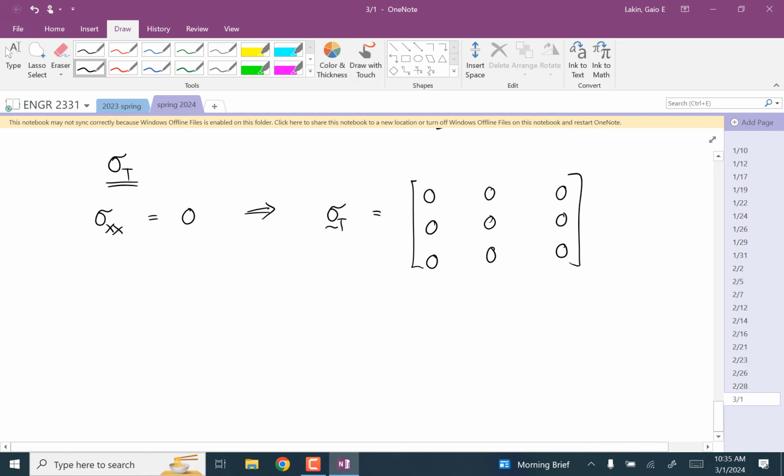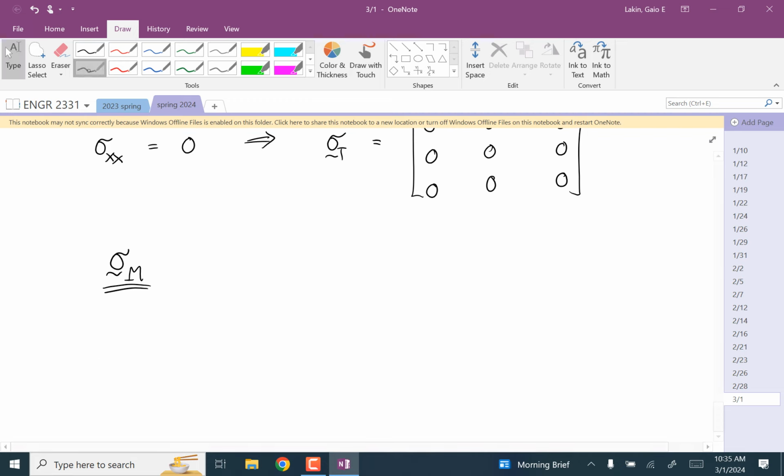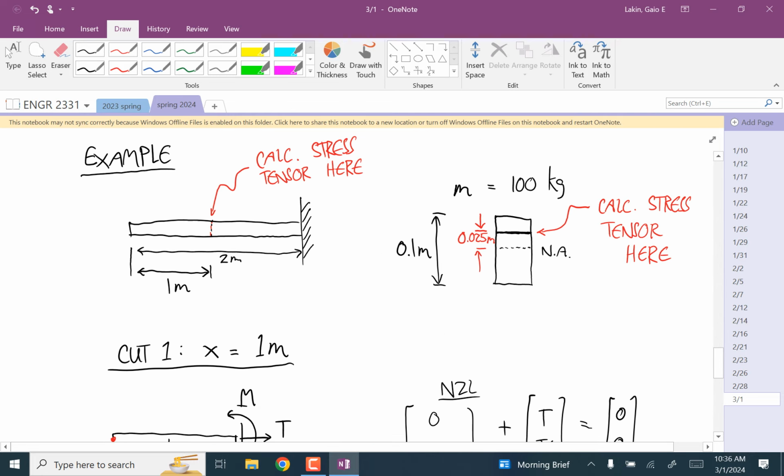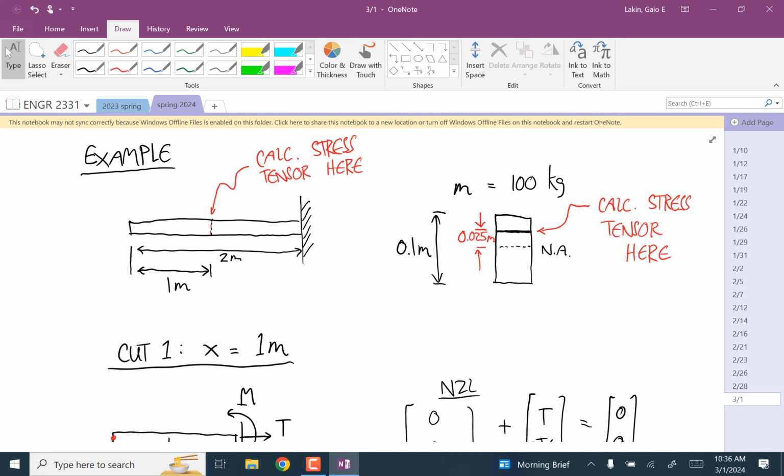Now due to the bending moment, our formula is sigma xx is negative M y over I. So we have to calculate that area moment of inertia. I is equal to 1/12 times the base, which I didn't give, but I meant to.